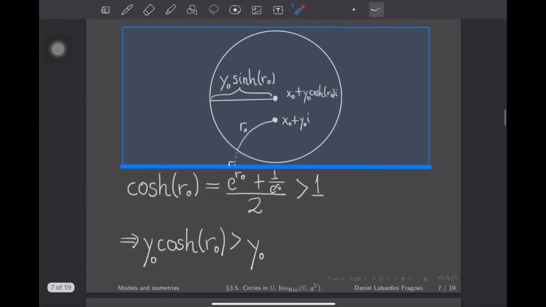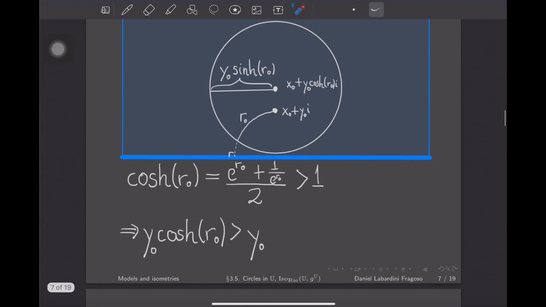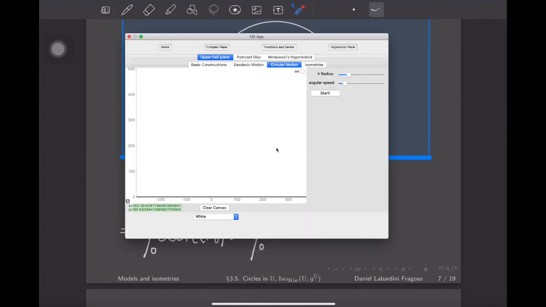Okay, so let me show you also some animation so that you can see circular motion with constant angular speed. I think you are very used to thinking in Euclidean terms.